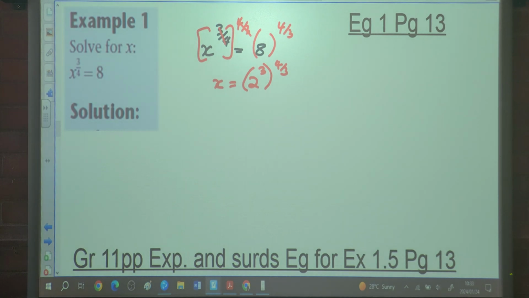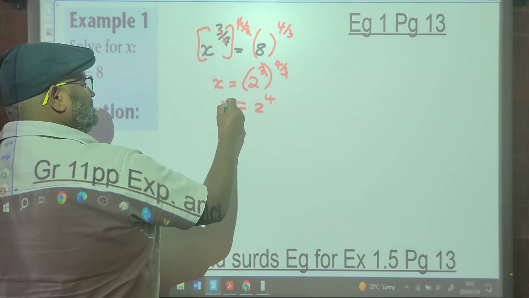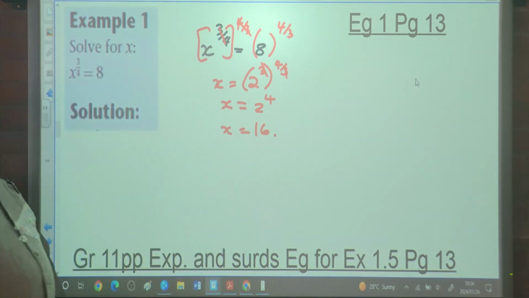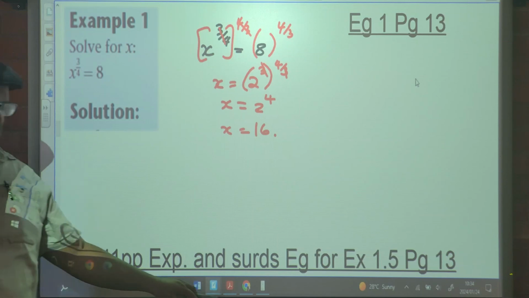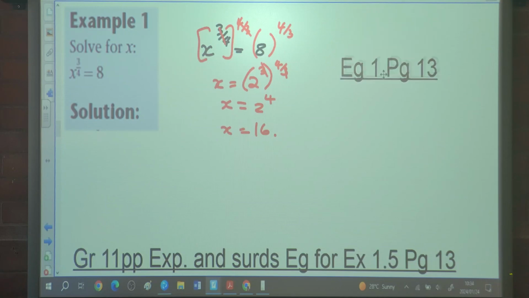Now what? Cancel. So 2 to the 4 is equal to x. So x is equal to? Is there any confusion here? You got it? Let's move on.